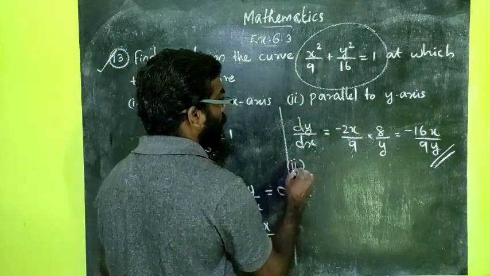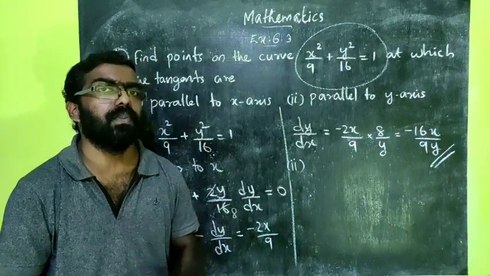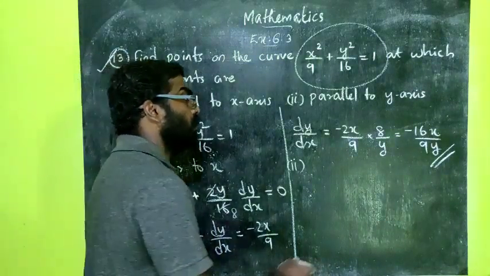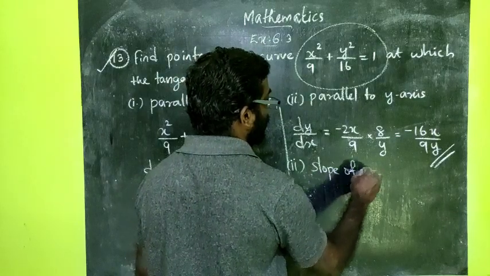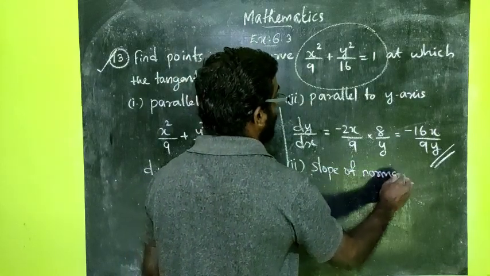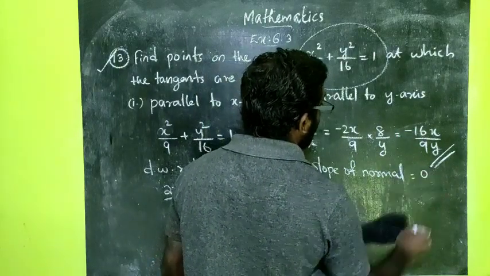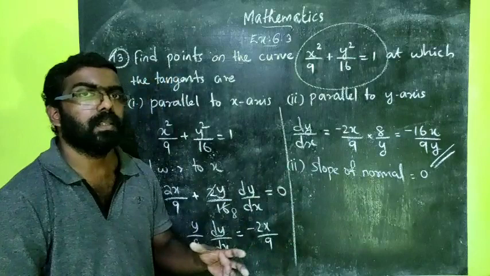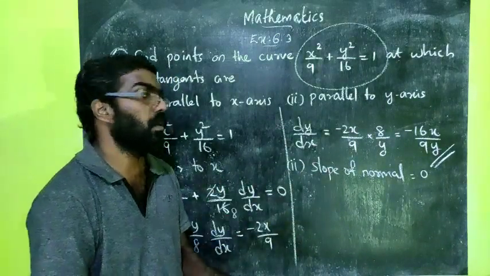Tangent is parallel to y-axis means slope of the normal is 0. So here slope of normal is 0, since the tangent is parallel to y-axis. Slope of the normal means the negative reciprocal of the slope of the tangent, minus 1 by dy by dx.